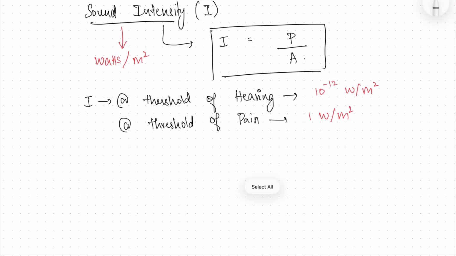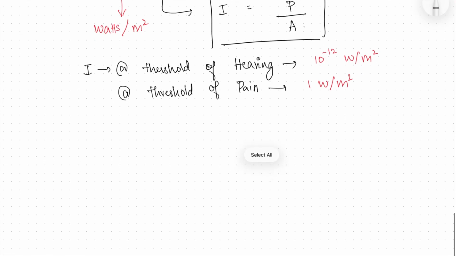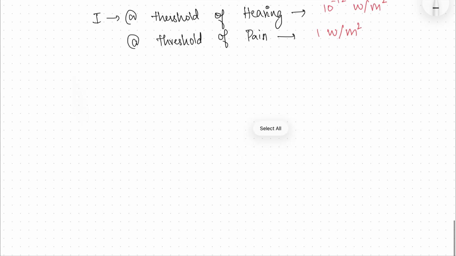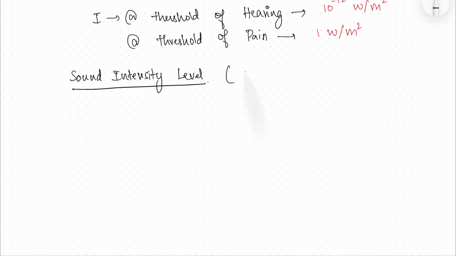Then we'll talk about sound intensity level, also called SIL. Sound intensity level is measured in decibels.